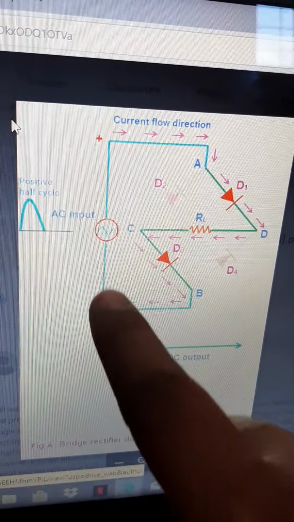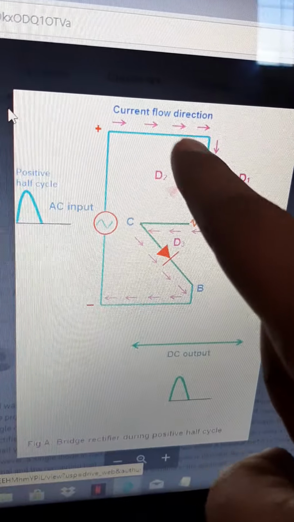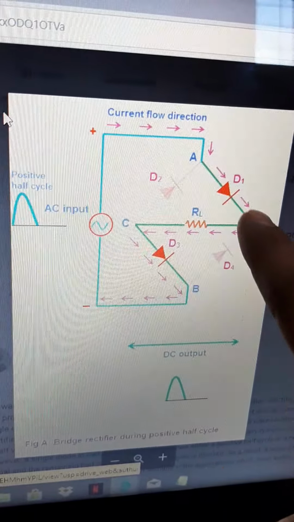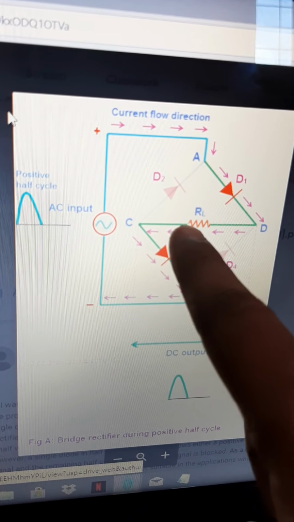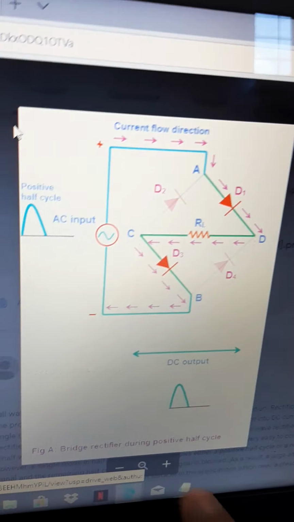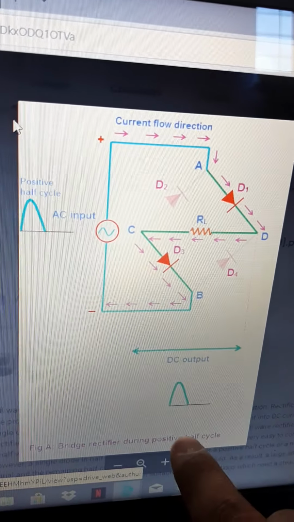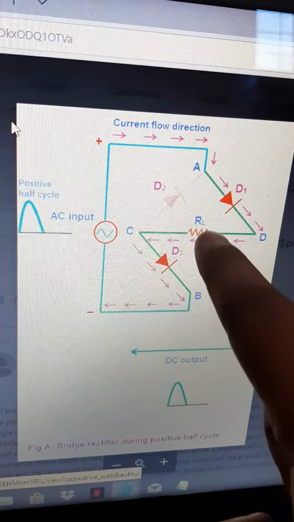So the direction of current is through diode D1, load resistance RL, and diode D3 in the positive half cycle. So we get this signal at the output load resistance.